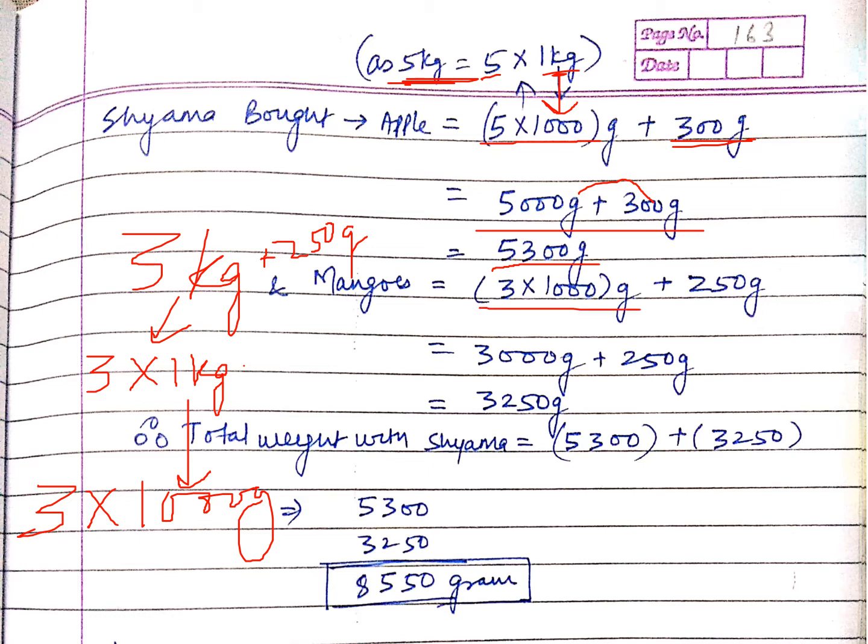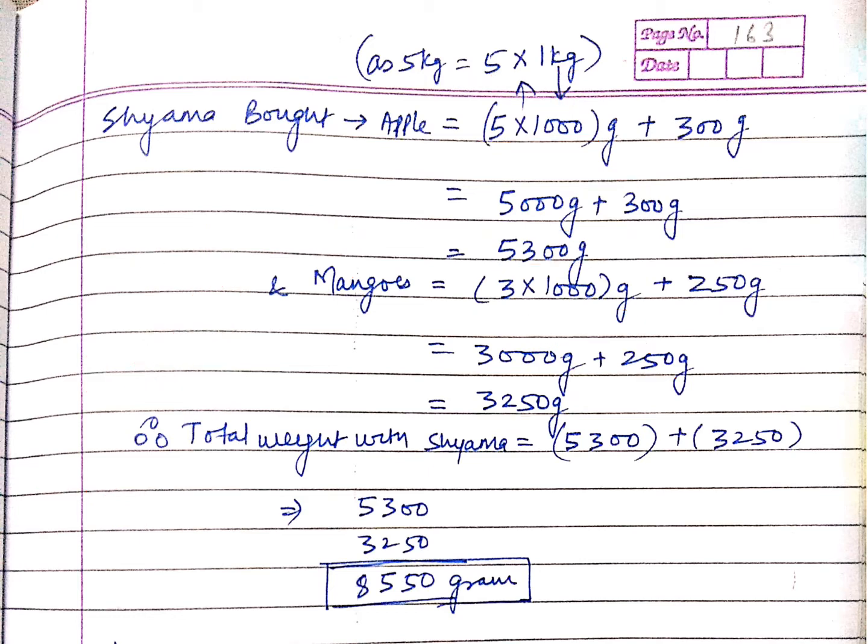Just write like this, plus 250 grams, and 3 into 1000 is 3000 plus 250. Now we can add them easily. It becomes 3250 grams. So what we have done is we found everything in grams and then found the total weight in grams, that is 5300 plus 3250, and the answer came as 8550 grams.